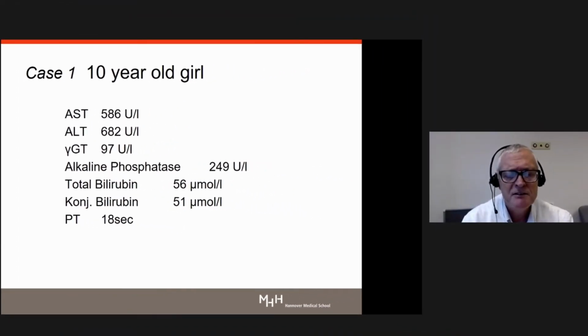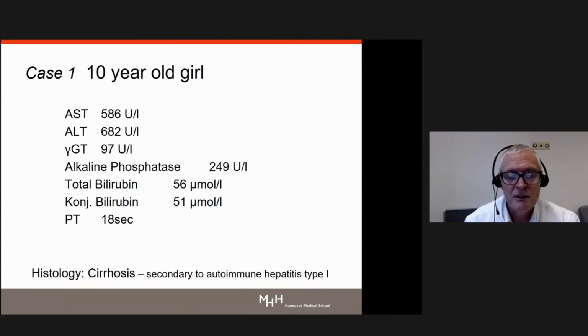And the PT is slightly prolonged. You may think it could be vitamin K deficiency, but it persists like this in the long run. So a hepatitic picture in a 10-year-old girl may well be autoimmune hepatitis, and this is what was confirmed when we biopsied the child. This child had cirrhosis.